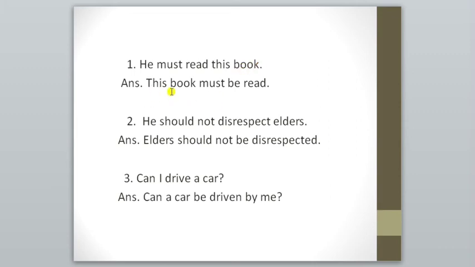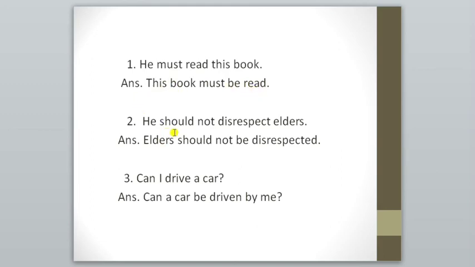Then take the object, plus modal verb plus be plus V3 plus by plus object pronoun. But here I did not write the remaining construction. यहाँ पे मैंने बाकी सेंटेंस लिखा ही नहीं है. Okay, if you write your answer till here, then also it is correct. Then, this book must be read.